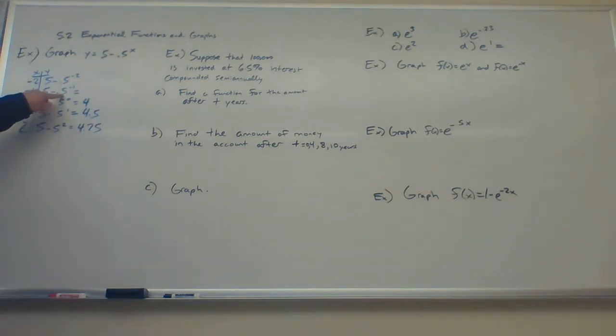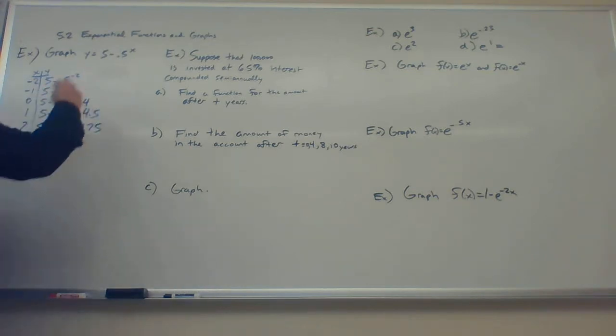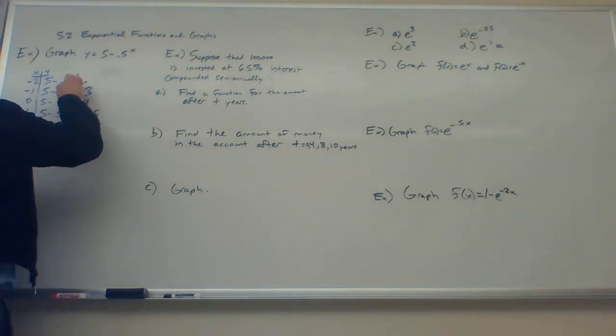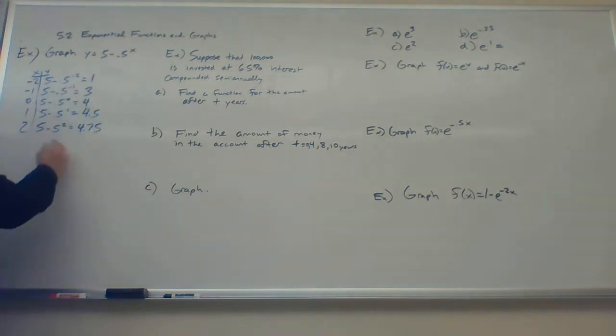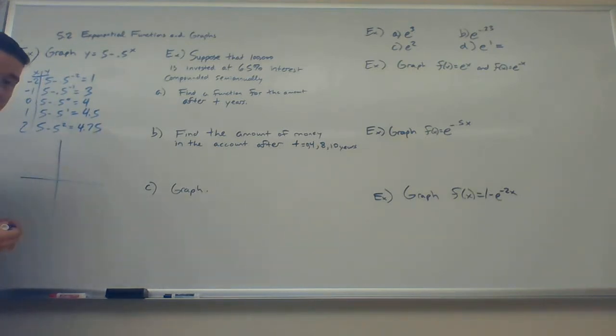Half to the -1 is 2, so 5 minus 2 is 3. Half to the -2 is 4, so that's 5 minus 4 is 1. Okay, so I have a table of points. That means I can graph. Okay, so we're going to just graph a few of these.